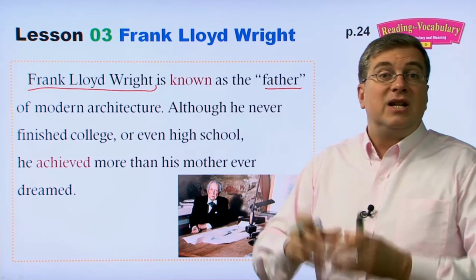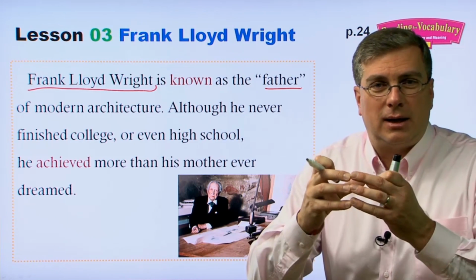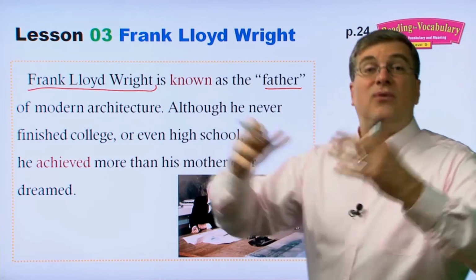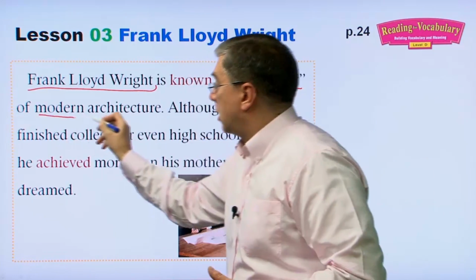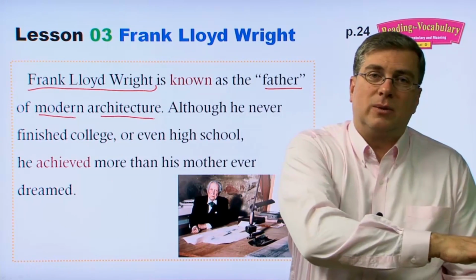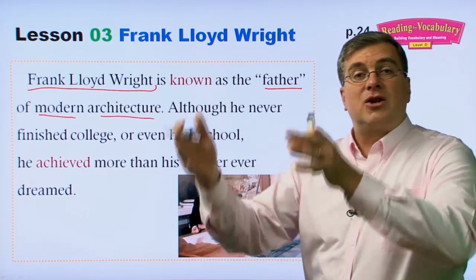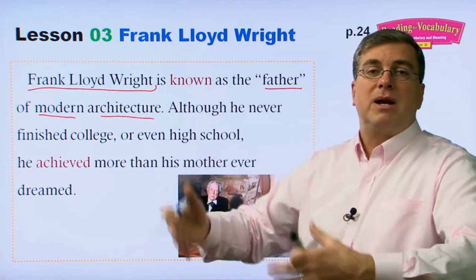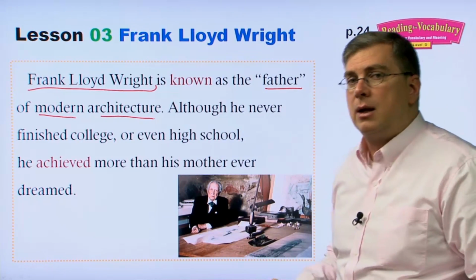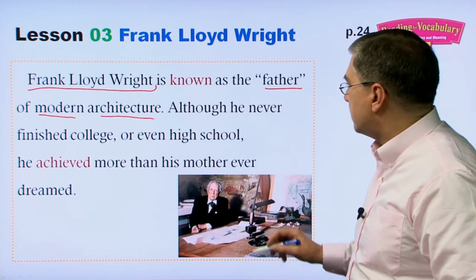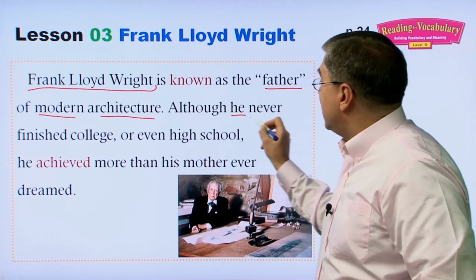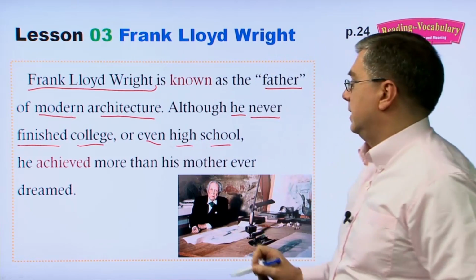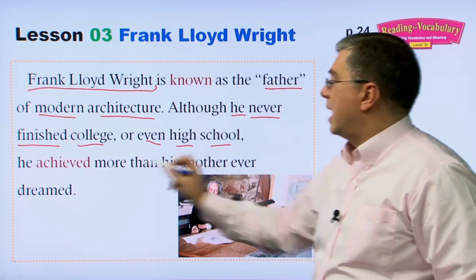He had different creative ideas and he was successful in pursuing them. So he became like the father of modern architecture. Not architecture that was in the past, but architecture that is used now. And he was the one who changed it and got everybody thinking about doing this new style of architecture. Interesting. Although he never finished college or even high school, he achieved more than his mother ever dreamed.